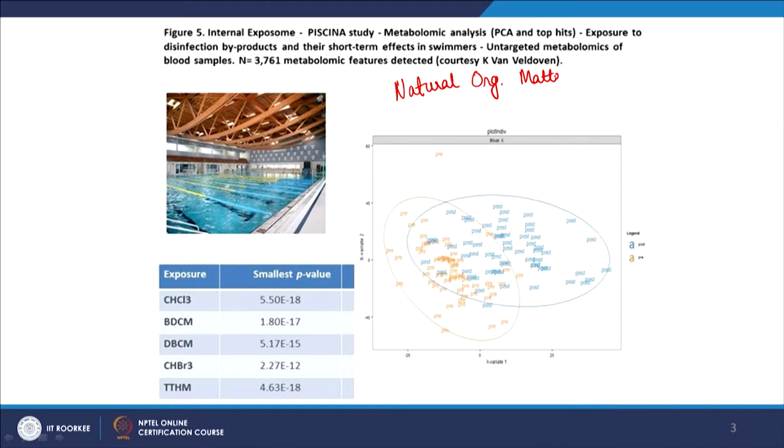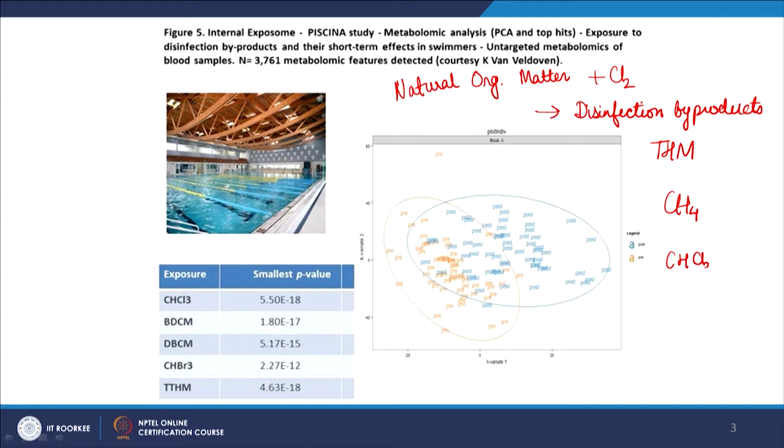Now we know that if natural organic matter is present in the water, it will react with the halogen, with chlorine, and create disinfection byproducts. A typical disinfection byproduct is trihalomethane. We know methane is CH4, three of its hydrogens get replaced and we are left with CHCl3.